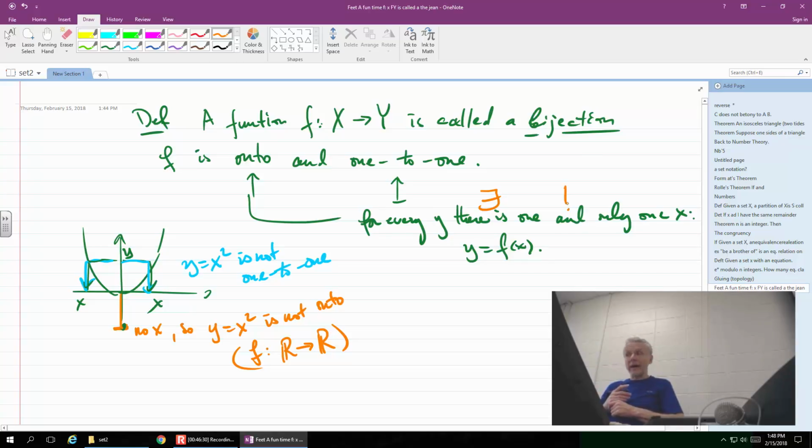So there is an x, and there's only one such x for every y. Going backwards from y to x, if I pick y equal to 1, then there are two x's, negative 1 and 1. That's not good. And if I start with y equal to negative 1, there is no x. So it's neither one-to-one nor onto.